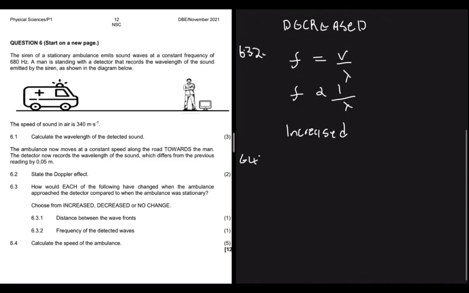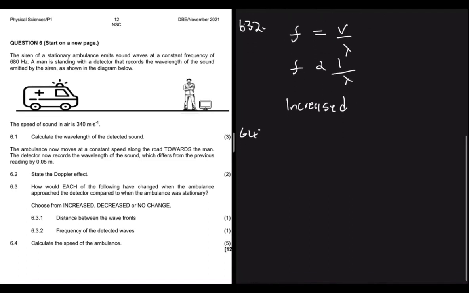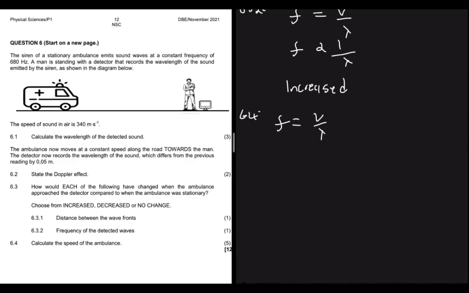And then 6.4 says calculate the speed of the ambulance, right? So in the Doppler effect, there are really two or three formulas you can use. You can have the frequency equal to the speed divided by the wavelength, and then another formula you can use is the frequency of the listener equals V plus or minus the velocity of the listener, divided by V plus or minus the velocity of the source, multiplied by the frequency emitted by the source, right?